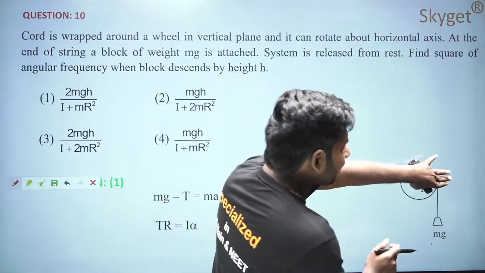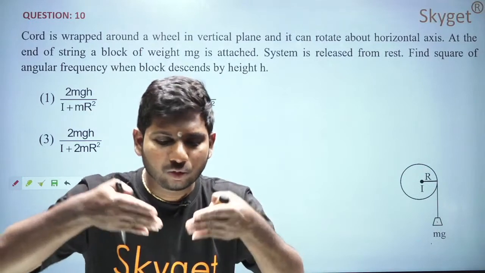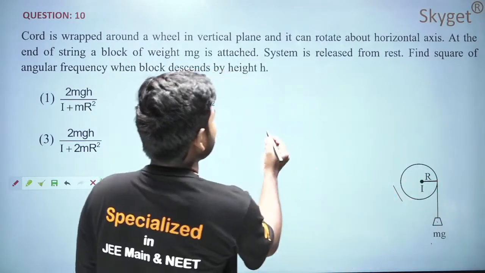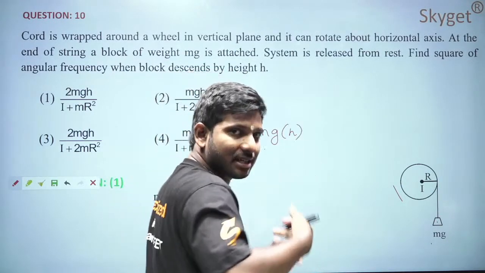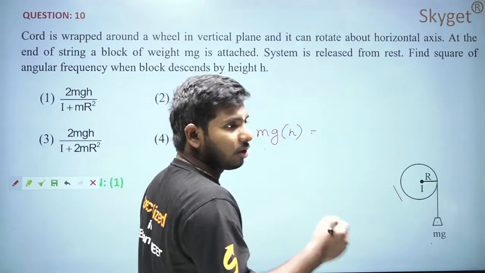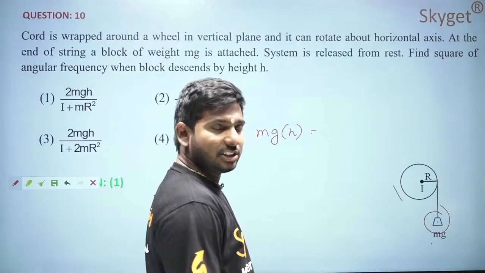If the disc were not there, the potential energy of the block would be converted into kinetic energy of the block while going downwards. The block descends by h, so it loses potential energy mgh, which should equal the kinetic energy of the block plus the rotational kinetic energy of the disc.